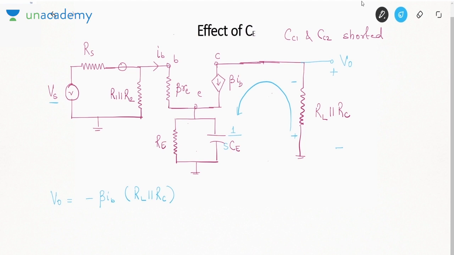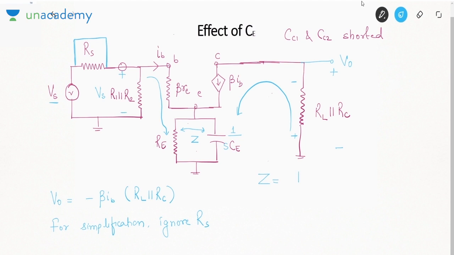So what I will do is, for simplification, just for simplification, ignore RS. Okay. Suppose this RS is ignored. That is, I am short circuiting this RS. So Vs is the voltage here. That means the overall voltage here will also be Vs. First, what I'll do is I'll combine these two, resistance and capacitance, into an impedance.